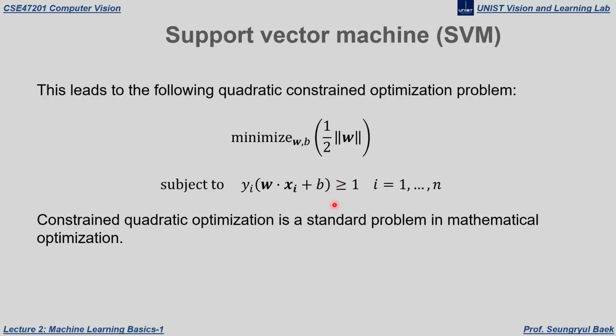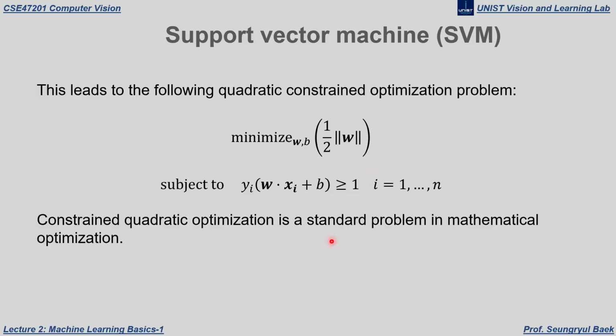Are you guys following this? So for n samples, which means every sample on the graph, if they are multiplied with this W and B, which are the parameters of the SVM function, and then multiplied with their labels, which is either +1 or -1, then it should be larger than or equal to 1.